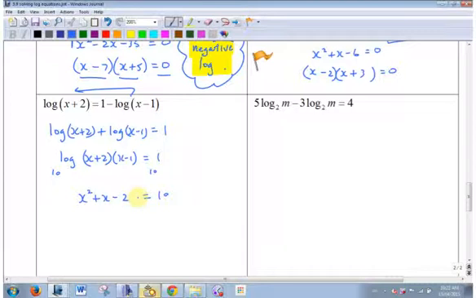Make a nice factorable polynomial. x plus 4, x minus 3. So x is either negative 4 or 3. One of them works, one of them doesn't.